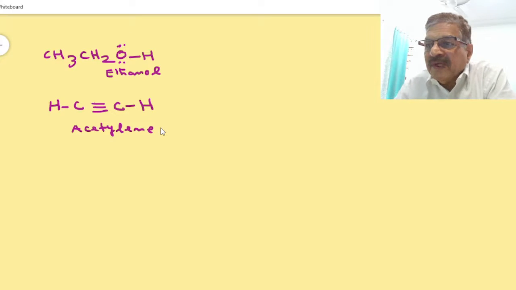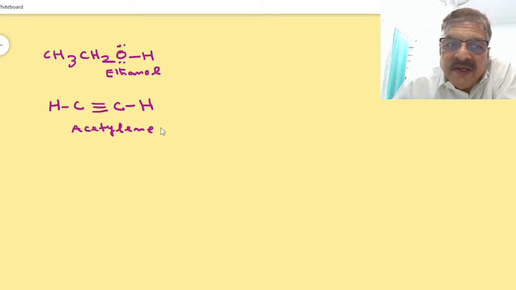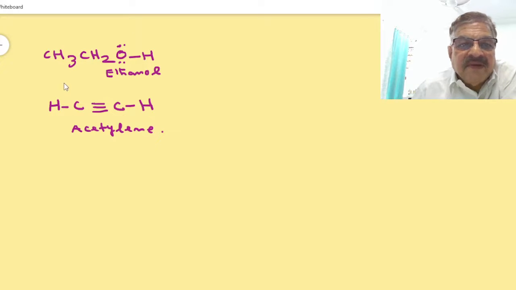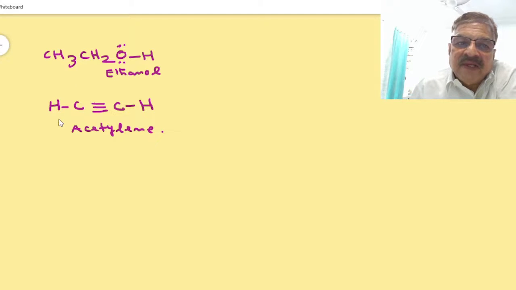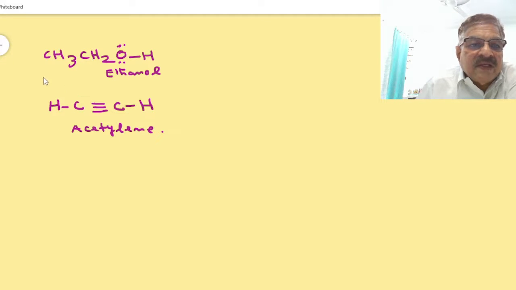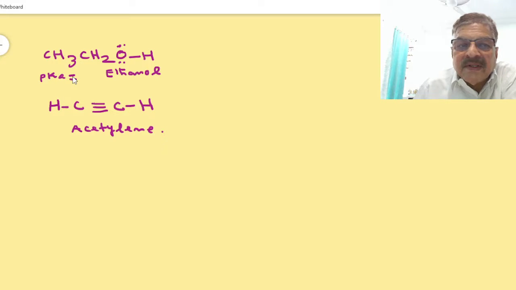Two compounds here. Now, ethanol is an acid, and acetylene is also an acid. Ethanol has pKa 16, acetylene has pKa 25. Correct.